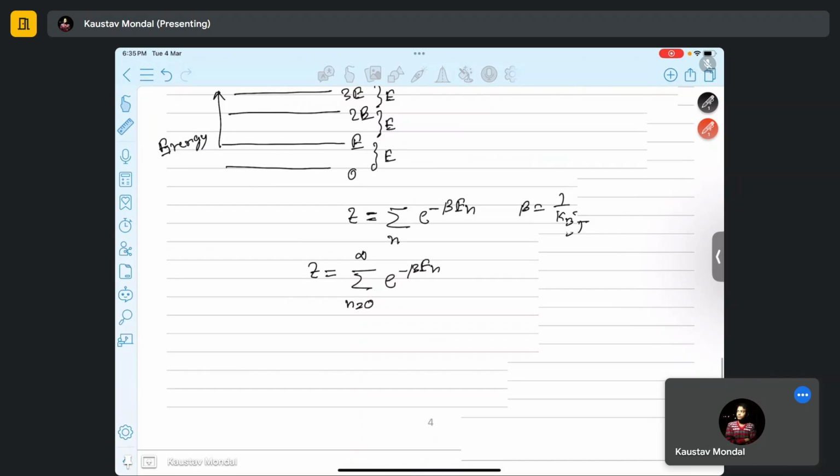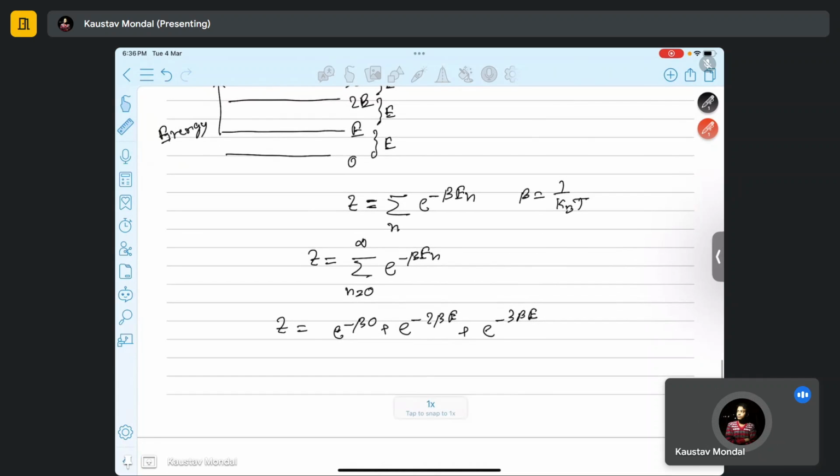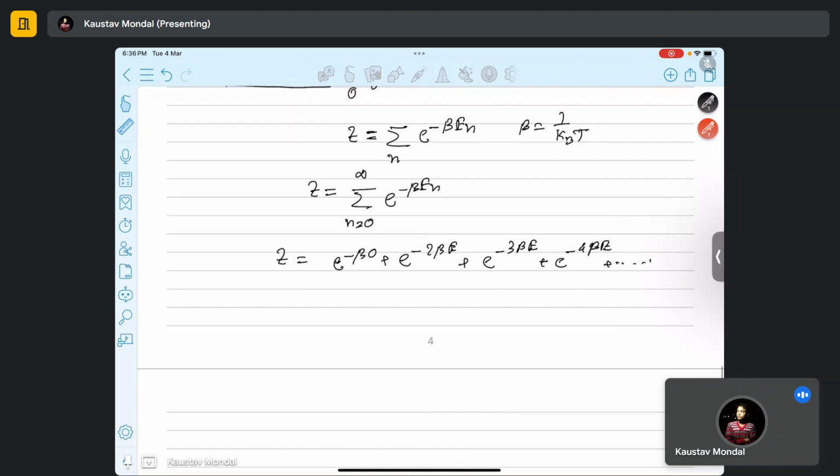So Z is e to the power beta times 0, plus e to the power minus beta E, plus e to the power minus 2 beta E, plus e to the power minus 3 beta E, and so on.